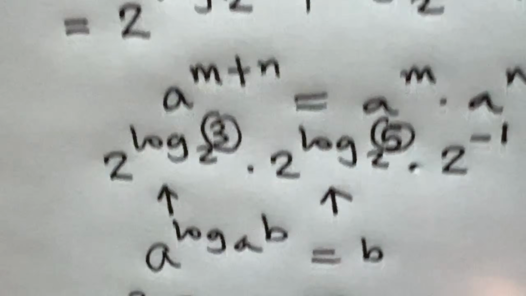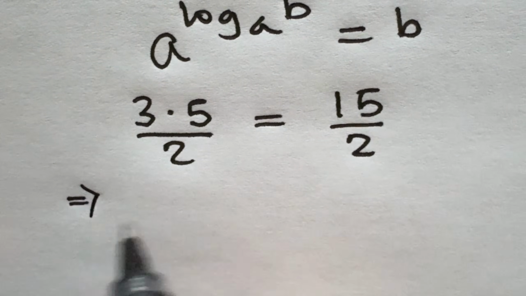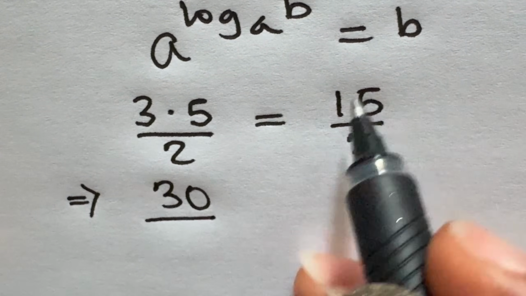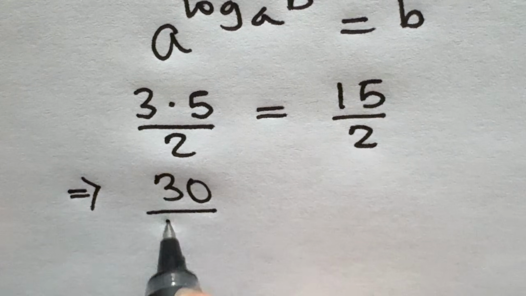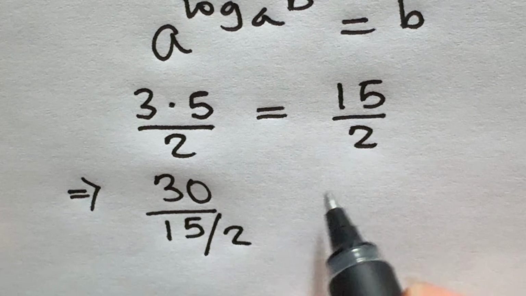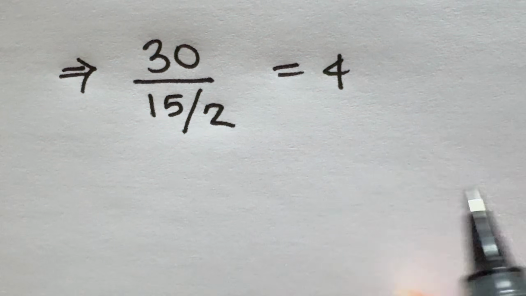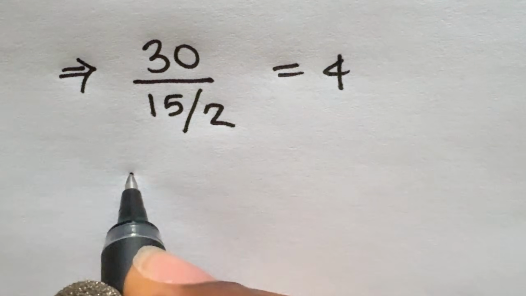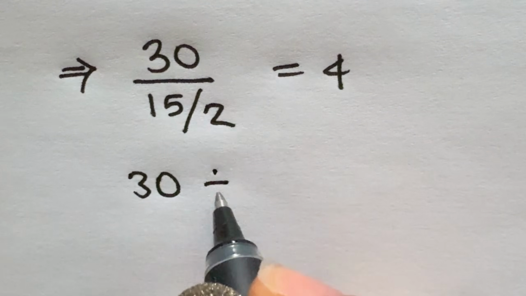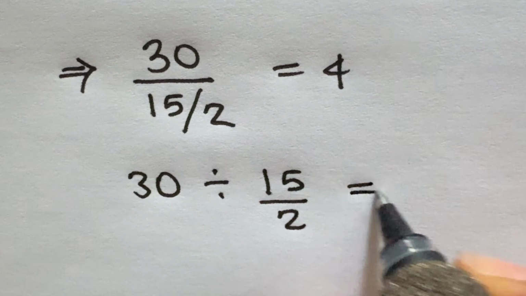So we say 30 divided by 8 raised to power x, which is now 15 divided by 2, then to give us 4. Now this is the same thing as saying 30 divided by 15 over 2 to give us 4.